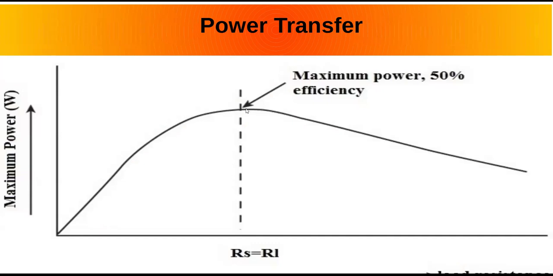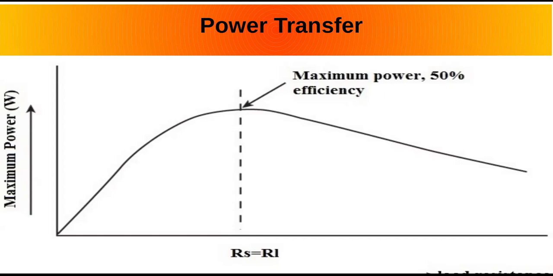This chart just shows the difference between your source and load, where your maximum efficiency is when they're equal. So if I have a 50 ohm source and a 50 ohm load, I'm going to get maximum power transfer, which is only 50%. I mean, the best you can do is 50%. Where does the other 50% go then? Well, half of it went in your transmitter.